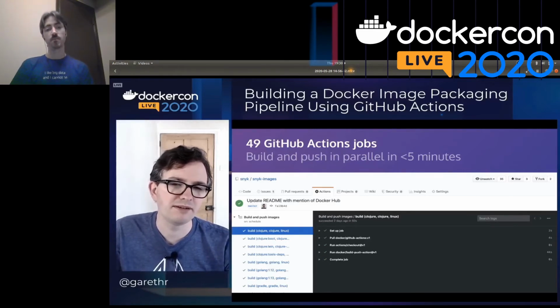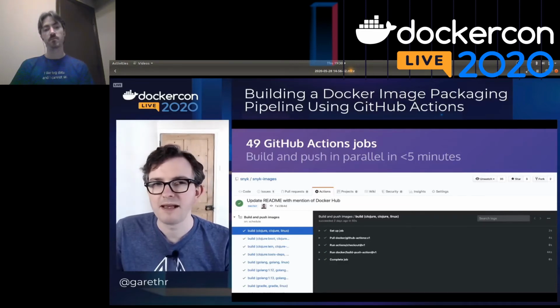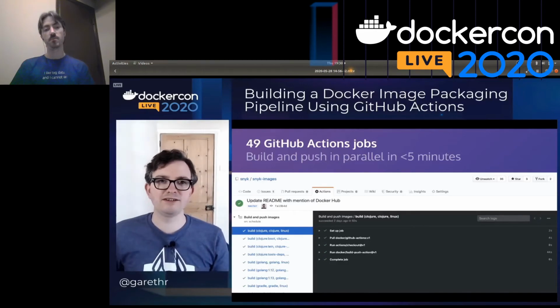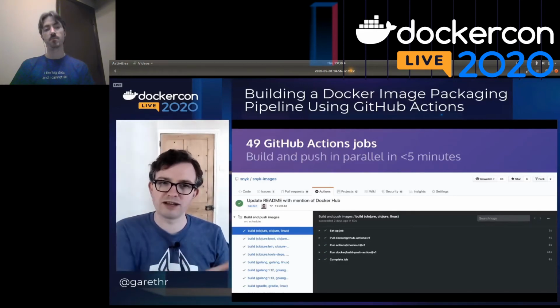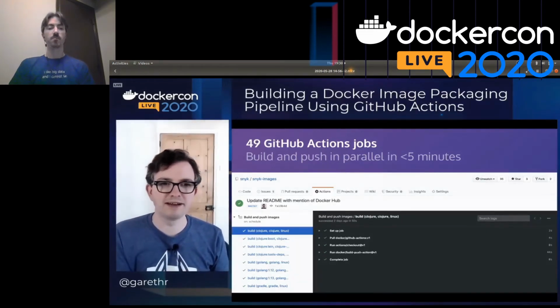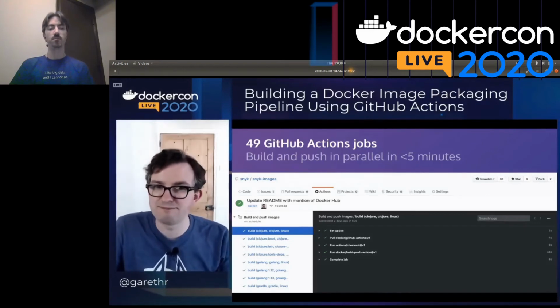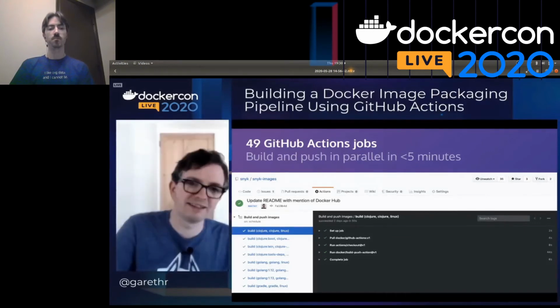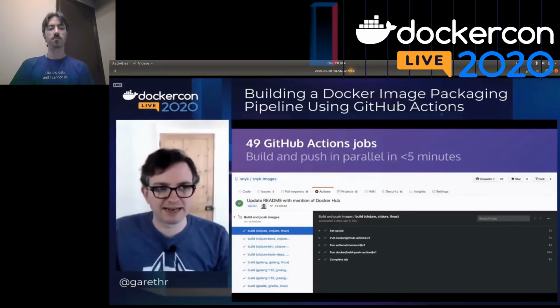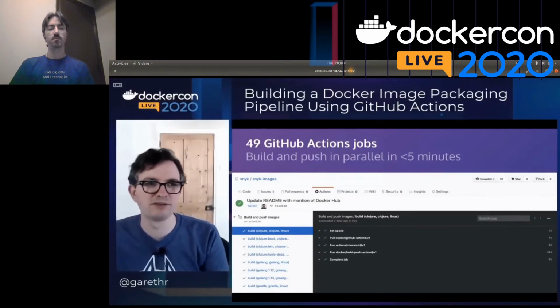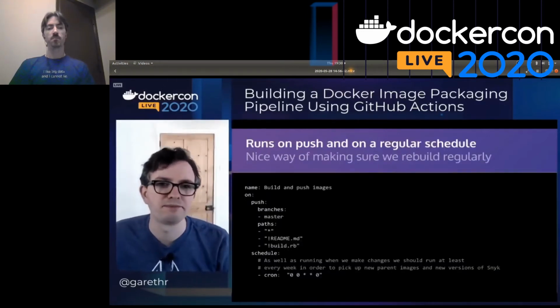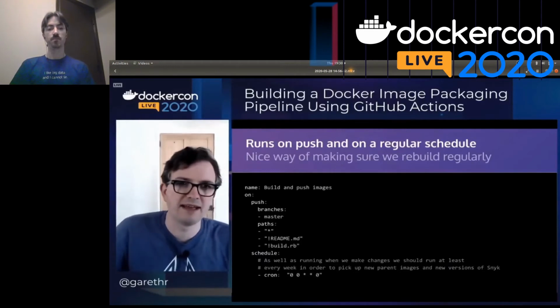But at this point, some people will be thinking, wait a minute, there's 49 different action jobs? Like we started talking about sort of reuse and maintenance and lowering that sort of barrier. If we're having to scale this to 49 images and 49 different action jobs, what can we do? We'll come back to that in a second as well.